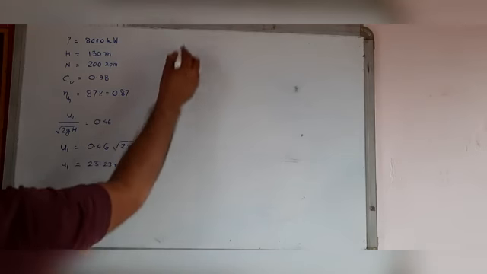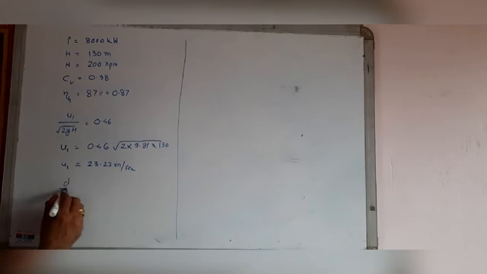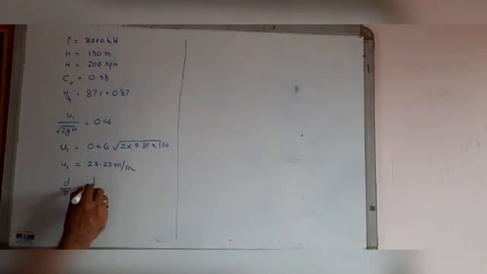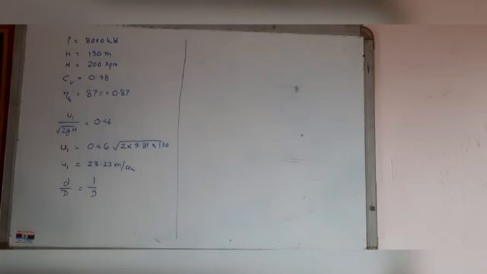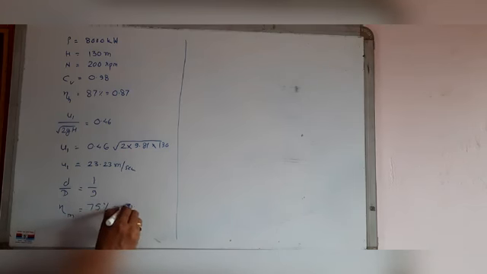Then jet diameter to wheel diameter, that is small d by capital D, is given 1/9. Mechanical efficiency eta mechanical is given 75%, that is equal to 0.75.